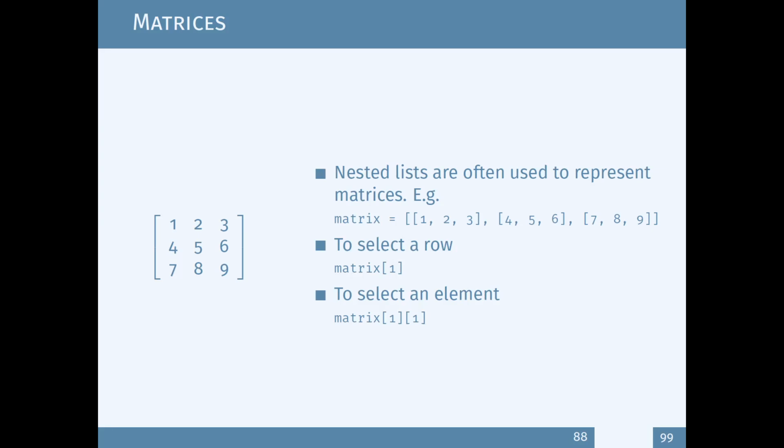So in many cases, we need to represent data in this matrix form, that means 2D form. Let's look at an example. Here we have a matrix with 3 rows and 3 columns. Usually we say this is a 3 by 3 matrix.